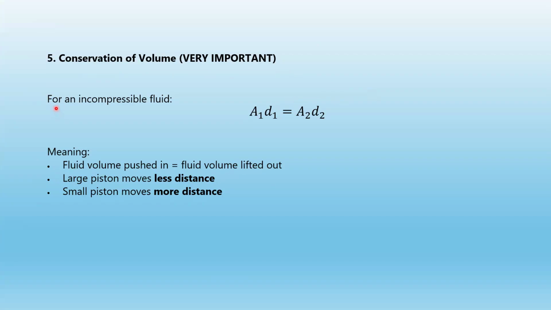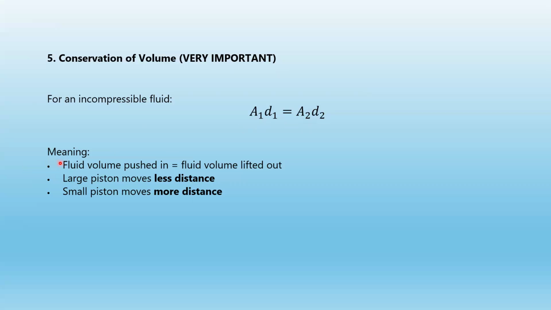All right. For an incompressible fluid, which would be a liquid, the area 1 times the distance of one cylinder, again, we have the area 2 times the distance of the other cylinder, and there has to be that equal sign. What does this expression mean?